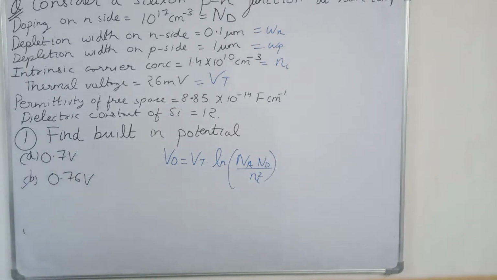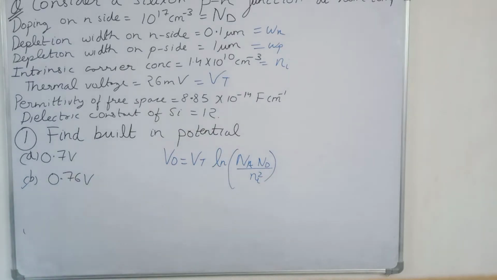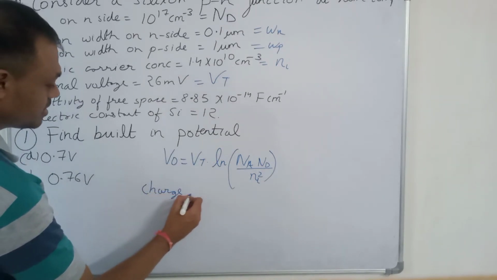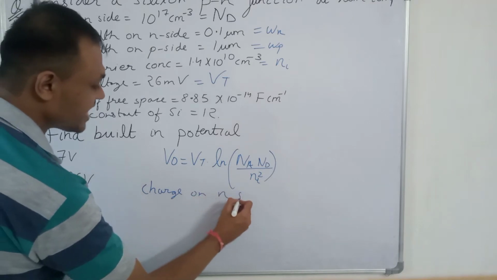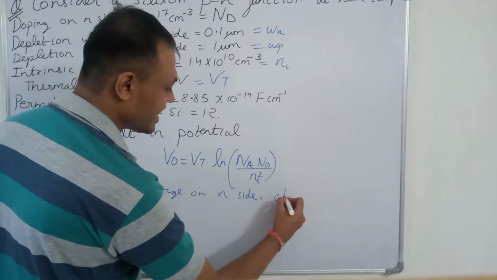First of all, we are given Nd and Ni, but we do not know Na. But we know that in the depletion region, charge on N side is equal to charge on P side.